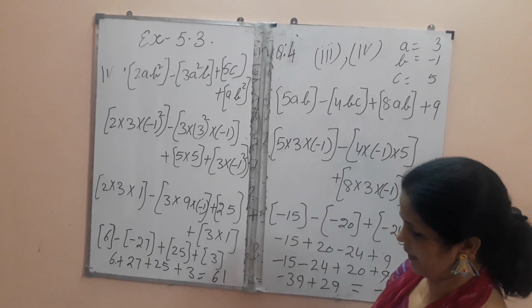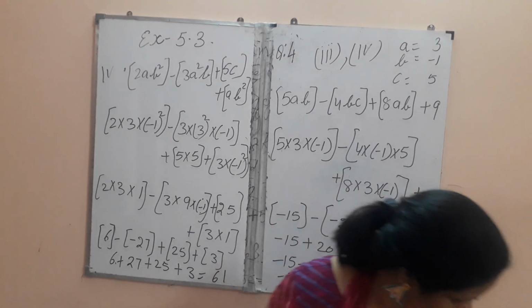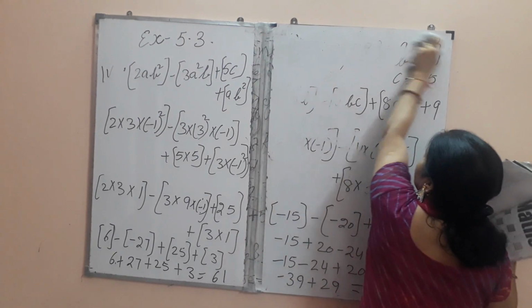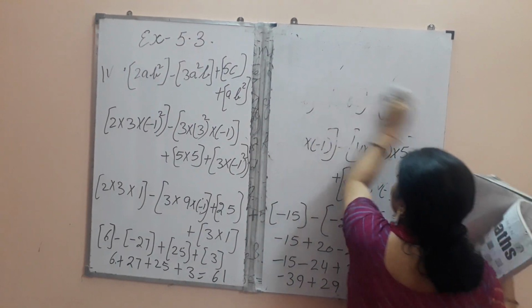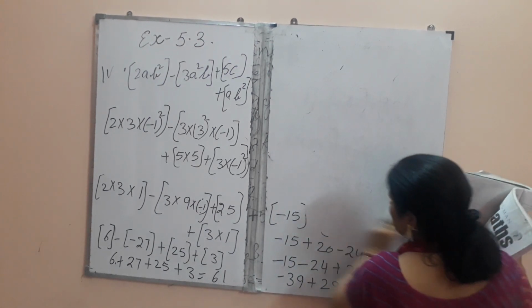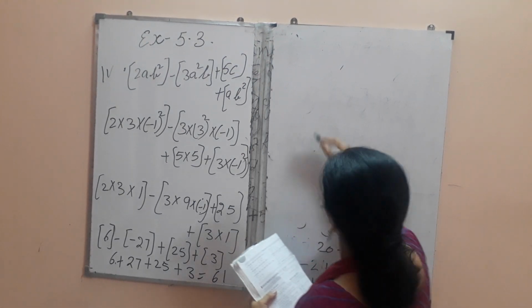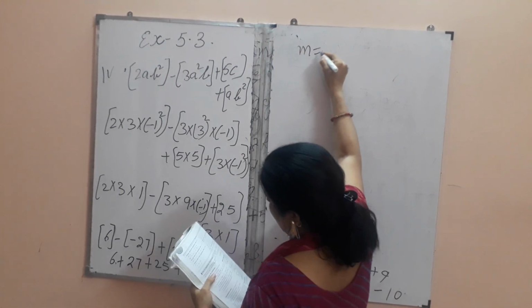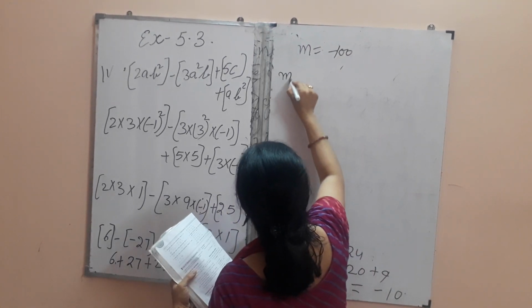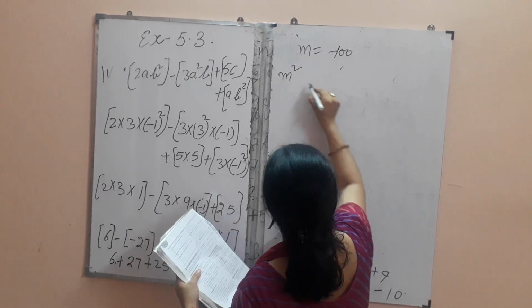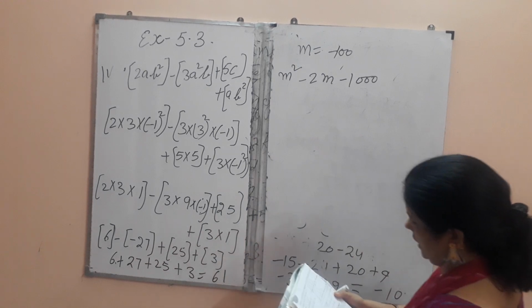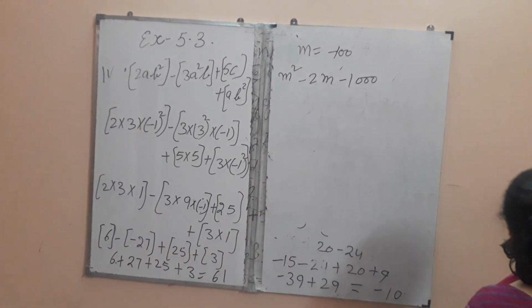Now, fifth part. If M is minus 100, then find the value of M square minus 2M minus 1000.